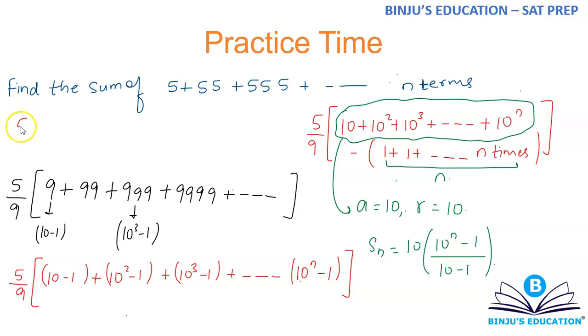So this will basically become 5 by 9. Sum for this, 10 plus 10 square up to 10 to the power n, will become 10 into 10 to the power n minus 1 divided by 10 minus 1, and this 1 n times you're going to simply subtract it.